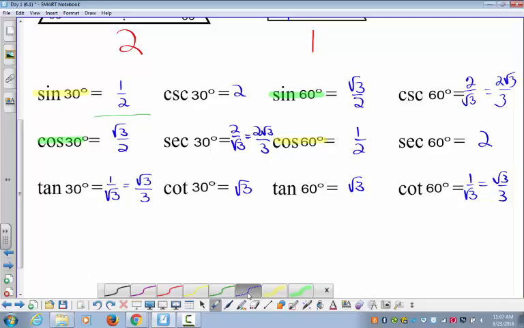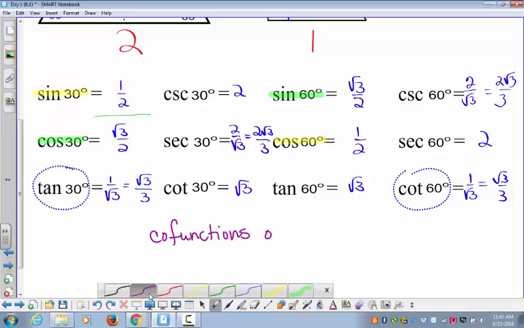So if we look at these ones, tangent of 30, its cofunction is cotangent. The complement of 30 is 60, and we get equal value. So cofunctions of complements are equal. Might as well write that down right here. Even though it's coming on a slide soon. Cofunctions of complements are equal.